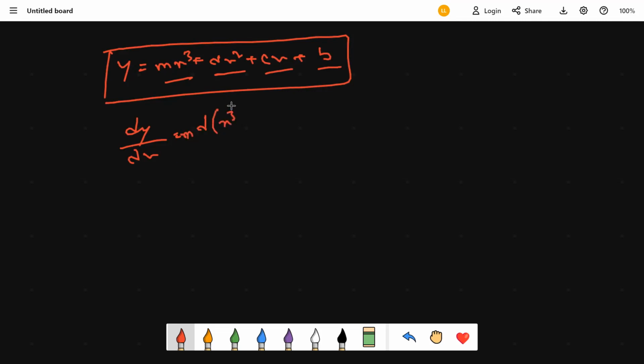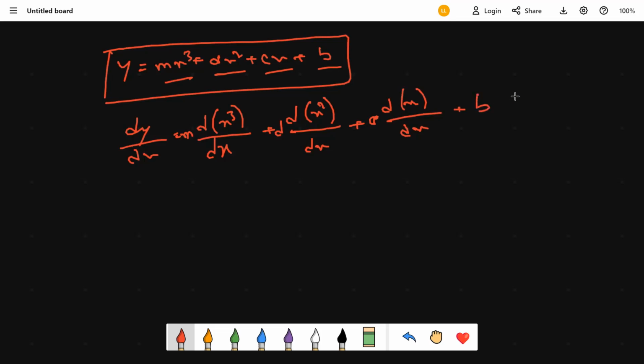We differentiate x cubed with respect to x, plus d times the differentiation of x squared with respect to x, plus c times the differentiation of x with respect to x, plus b times the differentiation of an imaginary x to the power 0, which equals 1, with respect to x.